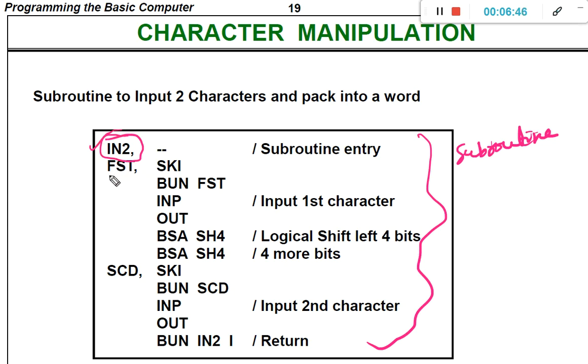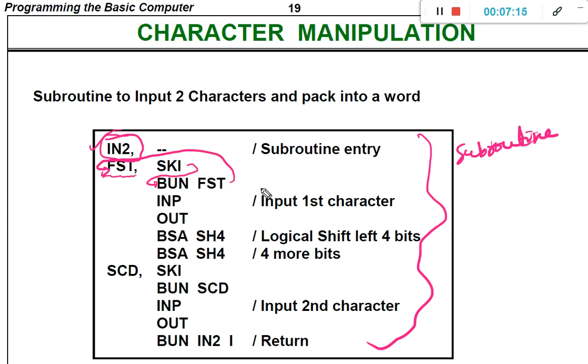Okay. So we are defining a field FST and calling SKI. That is the same logic we have seen in the character input. SKI means skip if input flag is on, and then branch once again to FST.